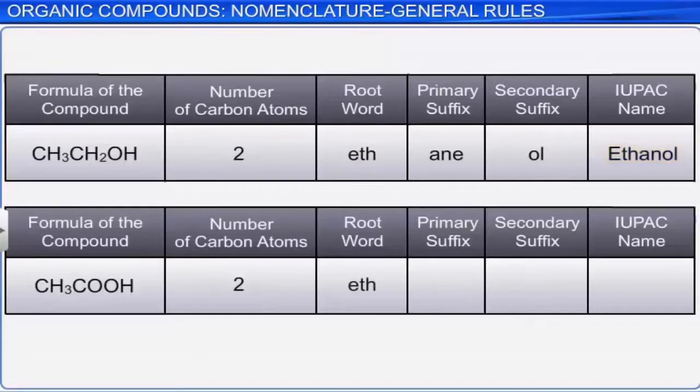A root word eth, primary suffix ane, and secondary suffix oic acid together forms the IUPAC name ethanoic acid. If a functional group is present, then the e of the primary suffix is replaced by the secondary suffix.